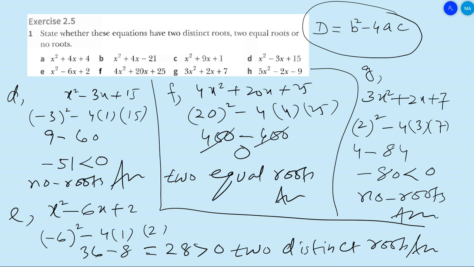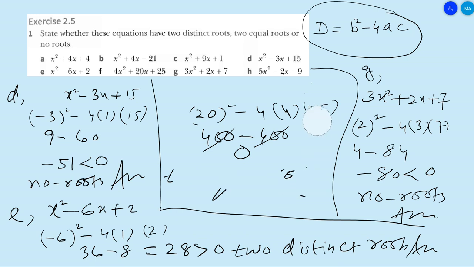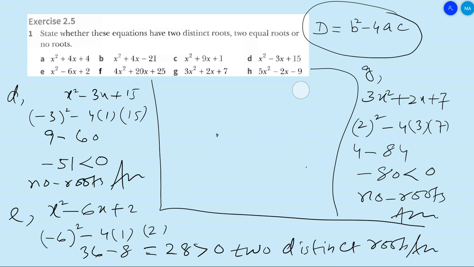Now last part, part H. Part H is 5x square minus 2x minus 9.